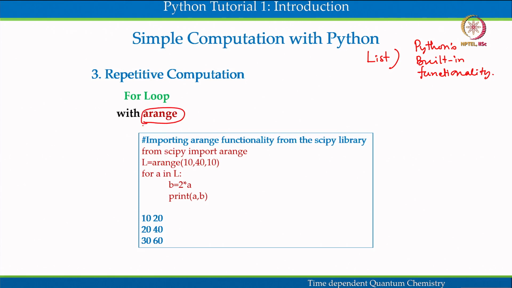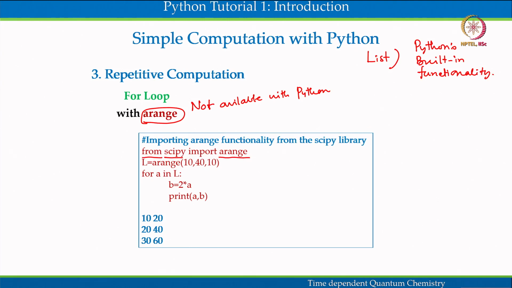This is not arrange, this is called arange, and this arange is not available with Python. So, we have to import it, and importing means we will be importing from SciPy. So, from SciPy we will first import this arange functionality.